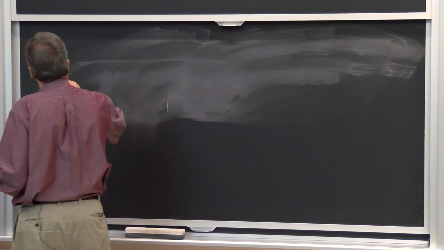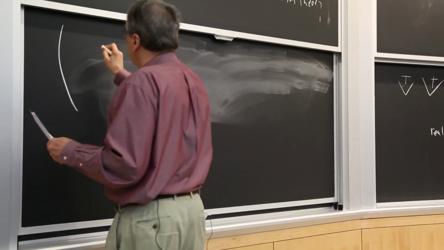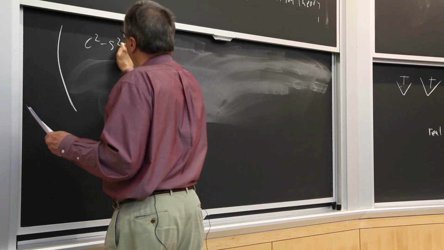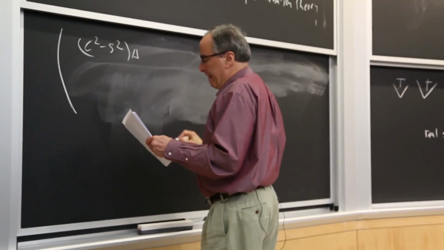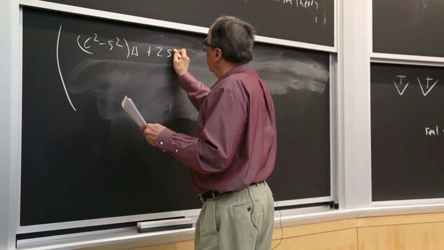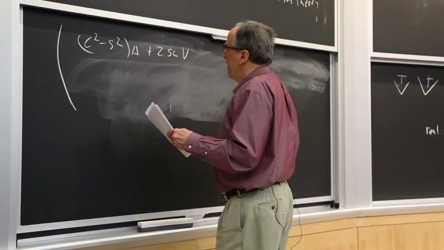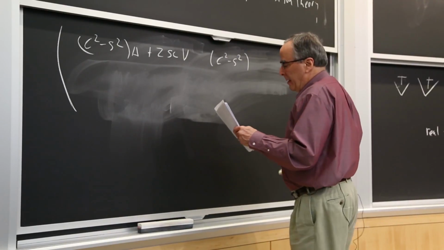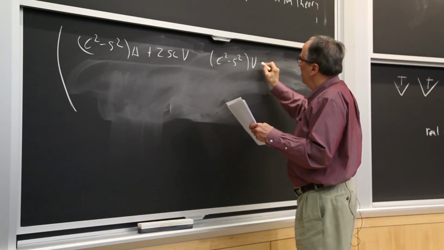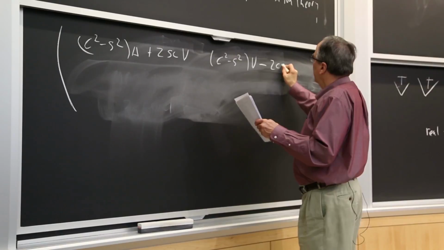So that matrix becomes a big matrix: C squared minus S squared times delta plus 2SC times V, and C squared minus S squared times V minus 2CS delta.